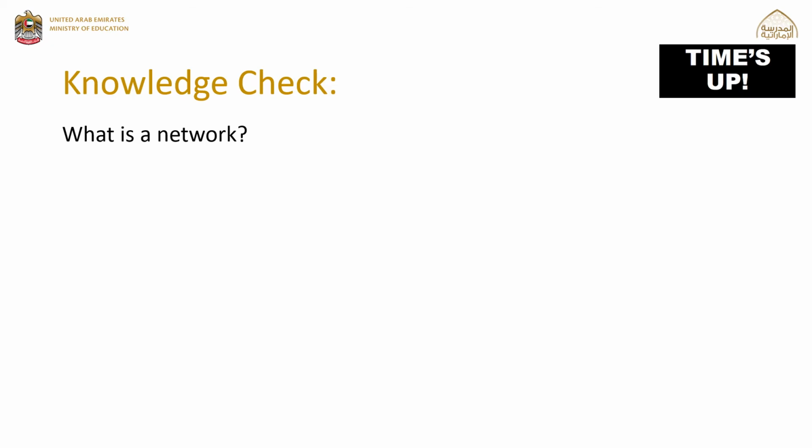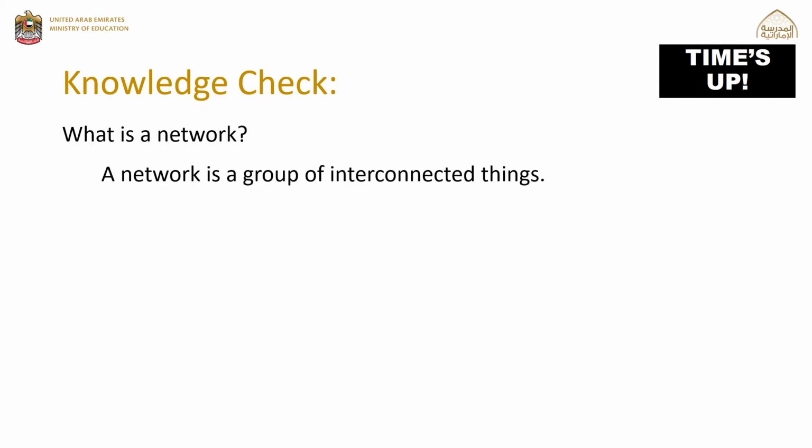Time up. Let's see what is a network. A network is a group of interconnected things. So when multiple things are connected to each other, it forms a network.